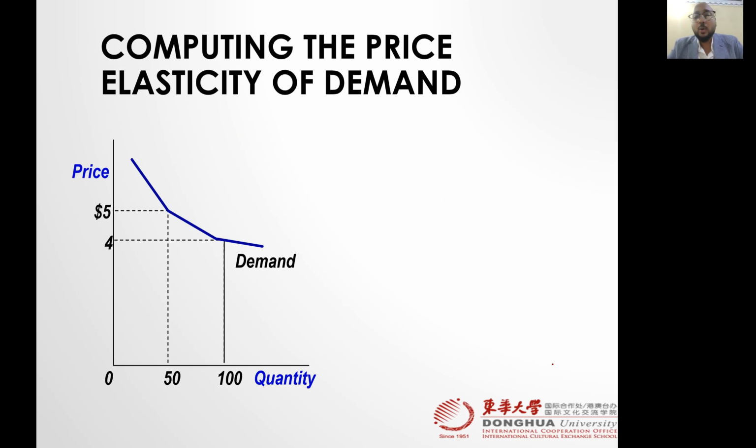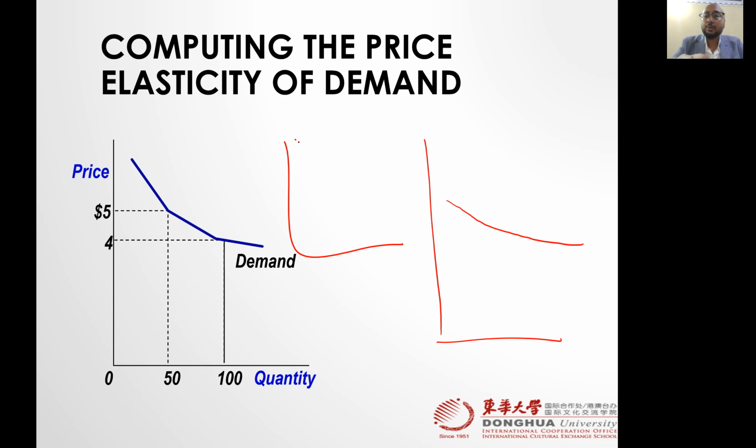So the more elastic the demand is, the flatter the curve, like this. In real life, it's not a straight line. It's a bit of a bending curve. Plus, if it's flatter, towards the x-axis, it is more elastic.